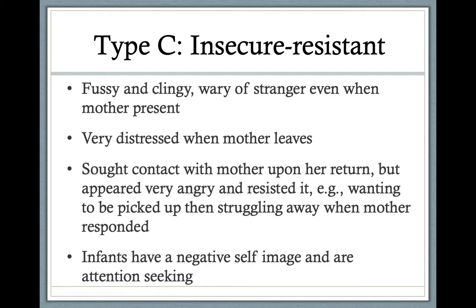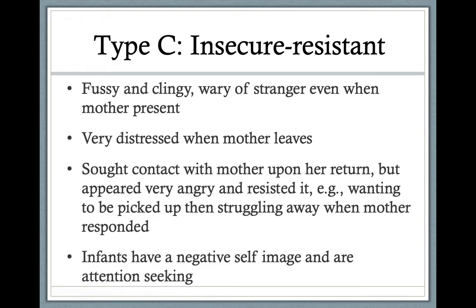However, the main difference is that upon reunion they showed very complicated behaviours. The mother would go to console them upon her return, but the baby would appear really angry and very resistant. So that's why it's insecure resistant: very resistant of their love from the mother, and they're very conflicting. They're not sure if they want the mother to be there or want her to go.